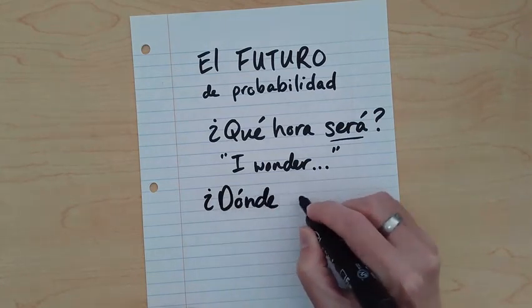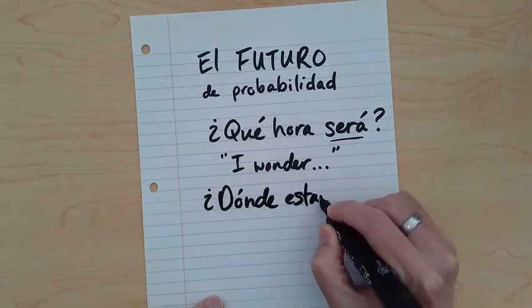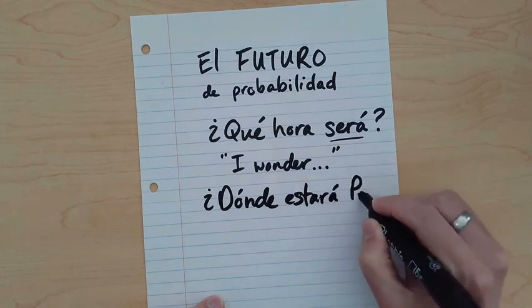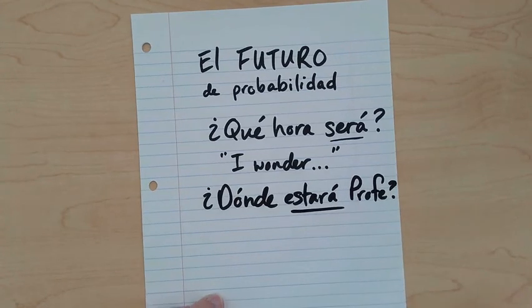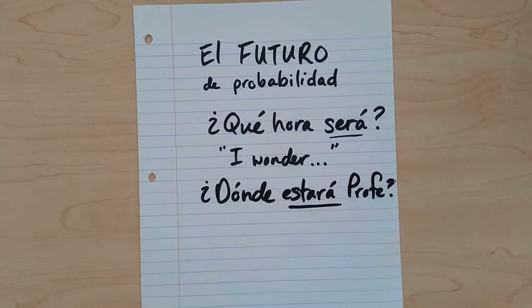¿Dónde estará, profe? Again, you'll look at that and go, where will profe be? I'm not talking about the future. I'm wondering. I wonder where profe is. I don't really know.